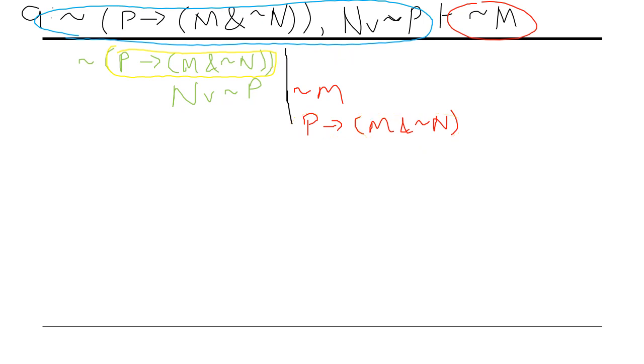So what makes an arrow false? Well, an arrow is false where the left side is true and the right side is false. So left side true, right side false.